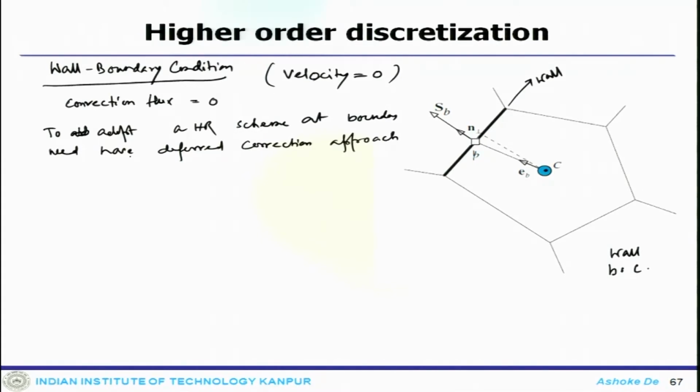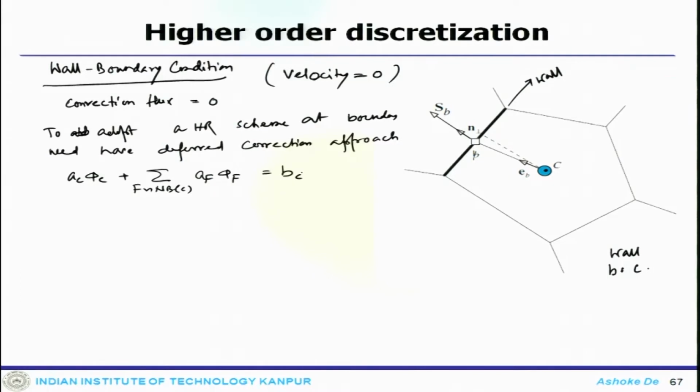Okay. So the modified algebraic equation for the boundary element, this C, will look like AC phi C plus the sum over F in NBC of AF phi F equals BC.